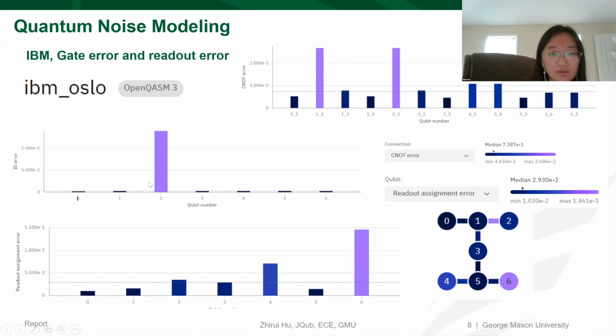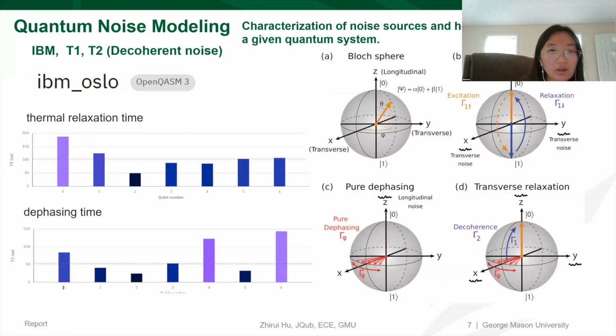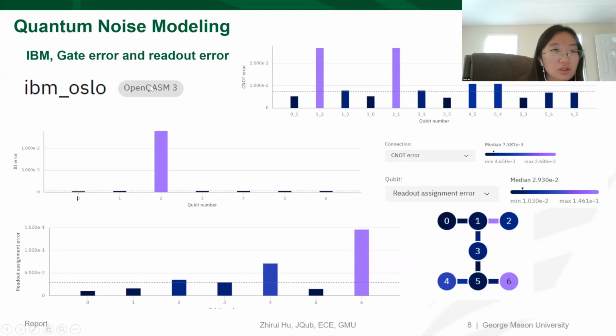It is a kind of statistical method. We can implement a gate in the circuit, measure it and get the error. It is a statistical method, and between these two noise models, we can transform T1 or T2 into the gate error, the statistical error.